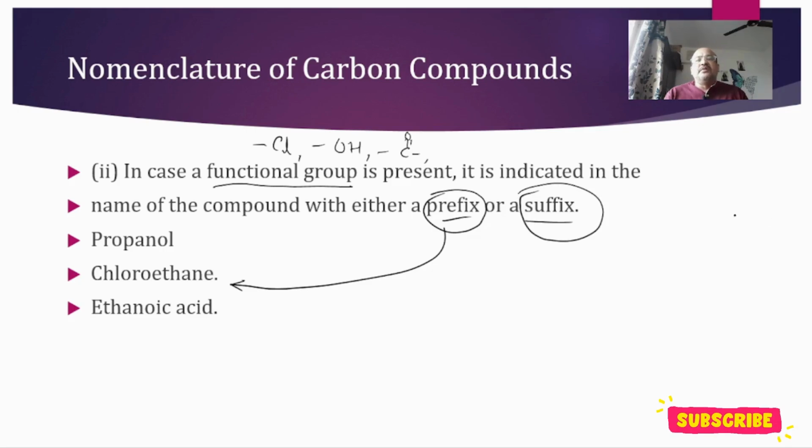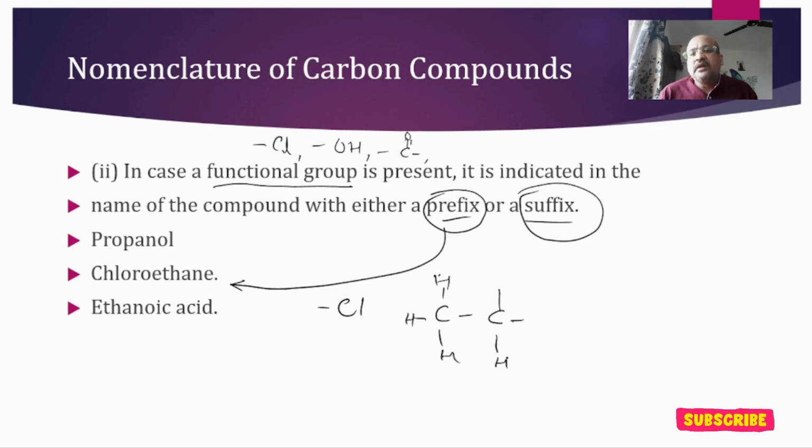Prefix means what? Pre means it will come first. Here you see chloroethane. What is the functional group here? Chlorine is the functional group, and ethane is my parent. Ethane has 1 and 2 carbons. I know the tetravalency of carbon, so hydrogens are everywhere, and one hydrogen is replaced by chlorine.